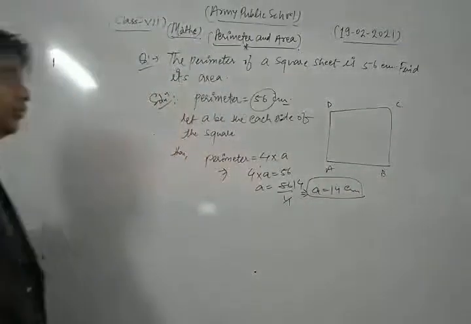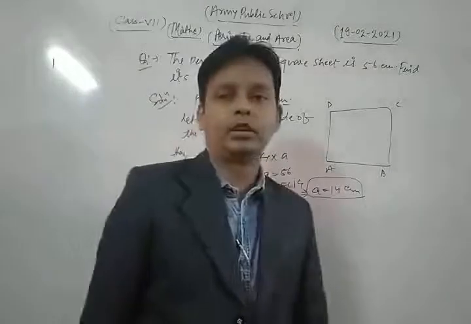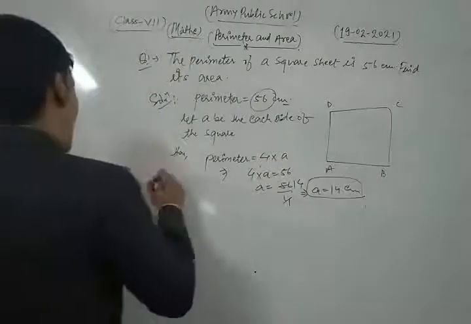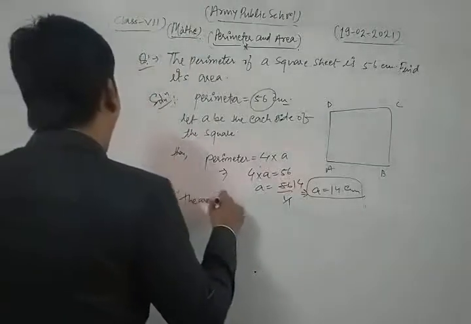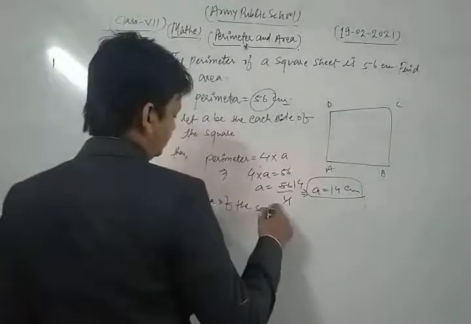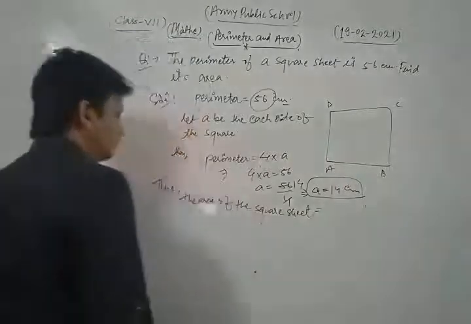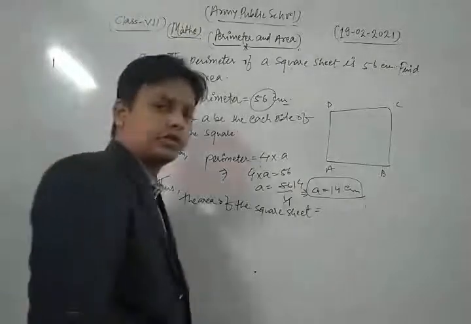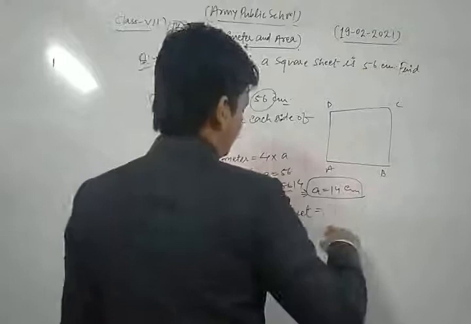Now, dear friend, we find the area of the square sheet. Thus the area of the square sheet is side square, A square.